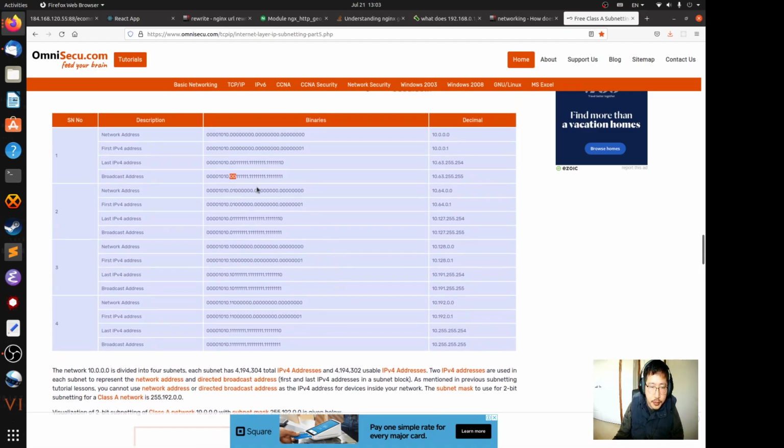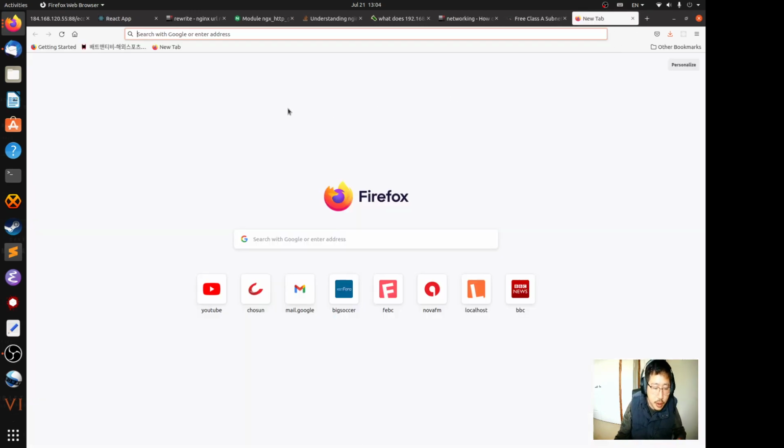Well, each subnet has this much to assign, right? So how many bits are there? There's 16 plus 6, isn't it? So 22. Let's try it.